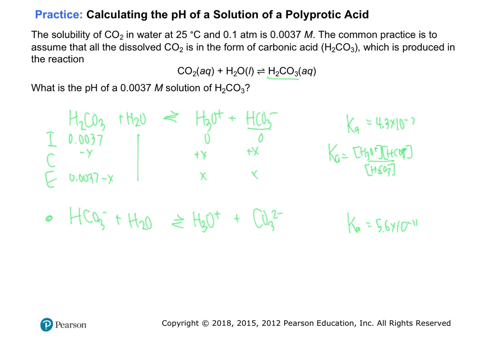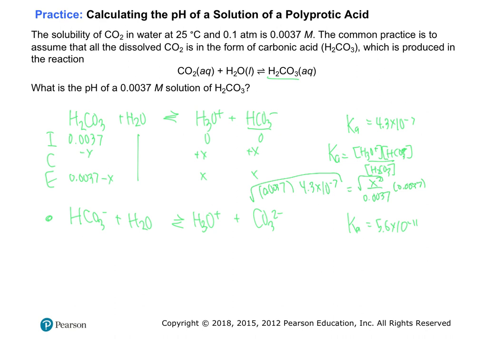Okay, so let's make sure, can I make the approximation? Probably. Let's see. So it looks like my initial concentration is about 8,000 times higher than my Ka. So I'm going to do the approximation. And my Ka, 4.3 times 10 to the negative 7, equals x squared over 0.0037. I'm going to multiply and then take the square root.